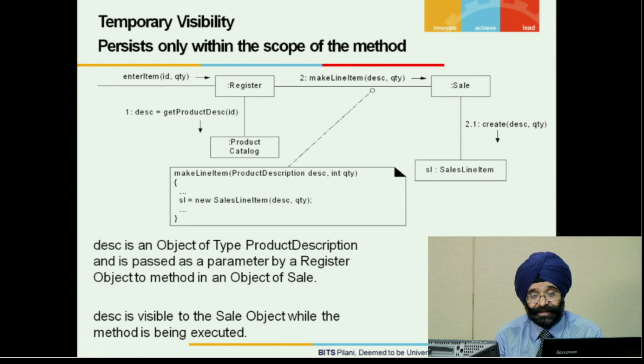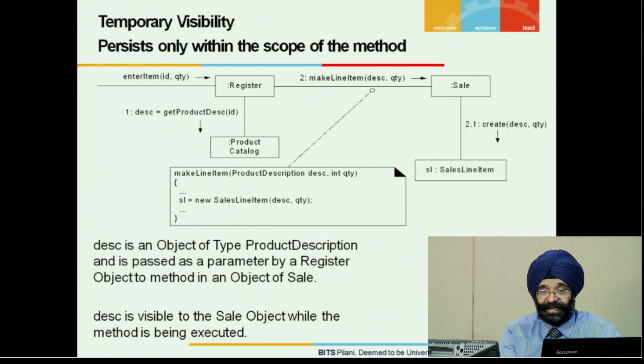It uses these two parameters which have been received to instantiate an object of the class salesLineItem. salesLineItem is a class, and the object of salesLineItem class is referenced by a variable called SL. Please note that SL is never an object. SL is a reference to the object. The object is new salesLineItem.